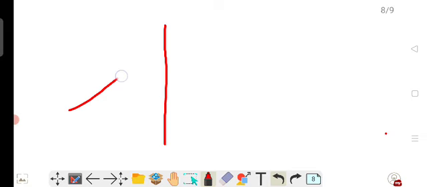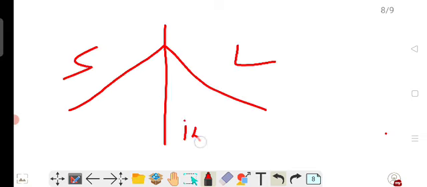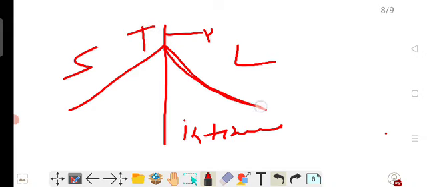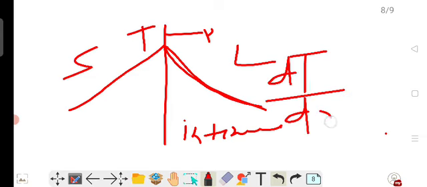Suppose that this is our solid, this is our liquid, this is the interface. If this interface is moving in this direction, suppose the temperature T is here, and the temperature profile is decreasing. So we clearly say that the temperature gradient dT/dx is less than 0.